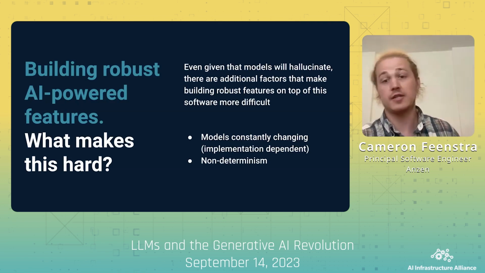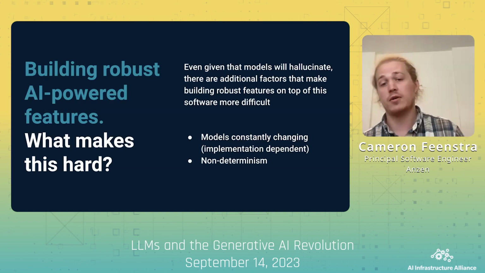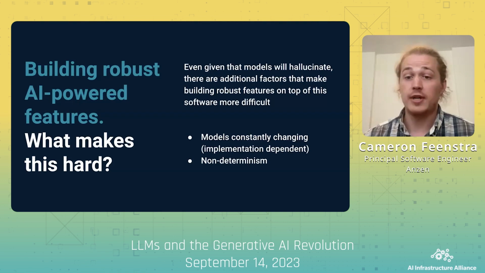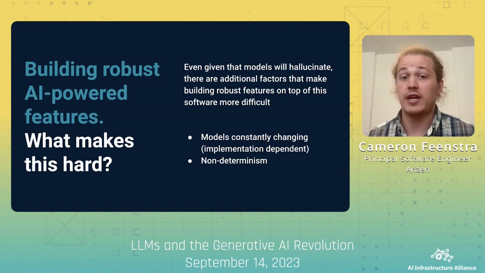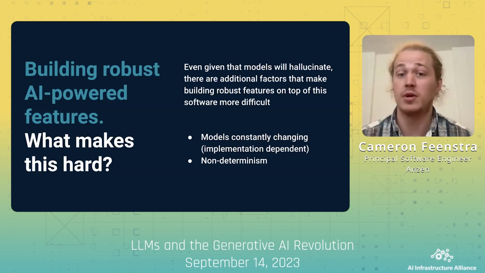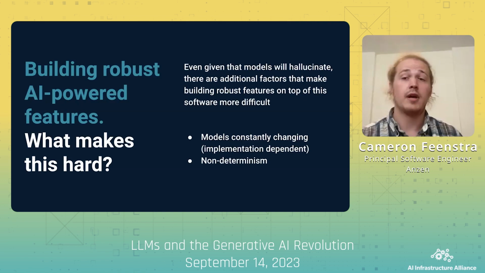As I just mentioned, the models are constantly changing. If you own your own models, this isn't the case. But if you use a third party, it is likely that the models are changing under the hood, which can mean that you might deploy your software and it might be performing well, and then it might suddenly start not performing well.